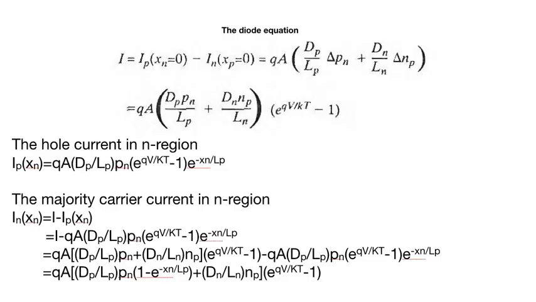Moving forward, if we add both equations, we get the final diode current. The whole current in the N region, the majority carrier current, will be QA Dp over Lp Pn times (1 minus e to the power minus xn by Lp) plus Dn over Ln times Np e to the power QV/KT minus 1.